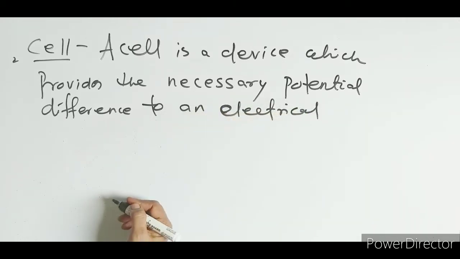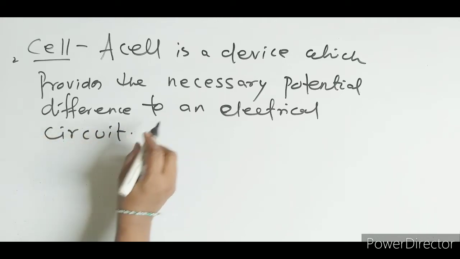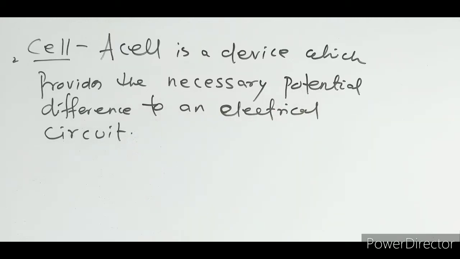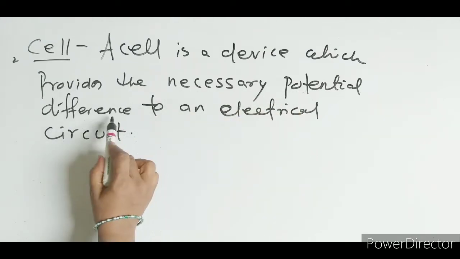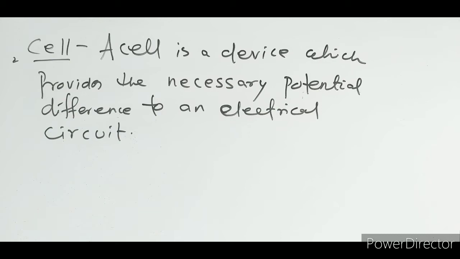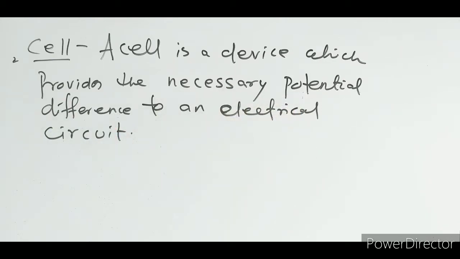Here the purpose is to maintain that potential difference, to provide the necessary potential difference, because whenever there is a difference in potential, current flows. That is the reason the necessary potential difference is created, or provided.